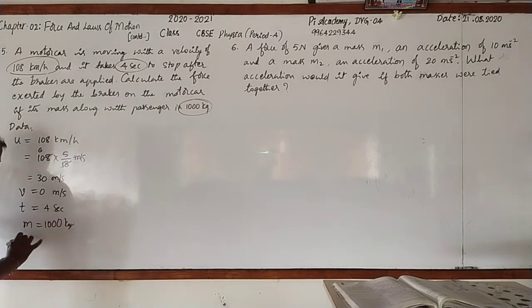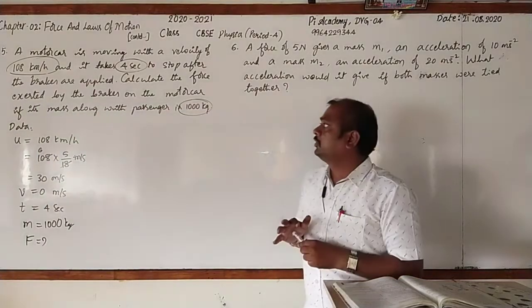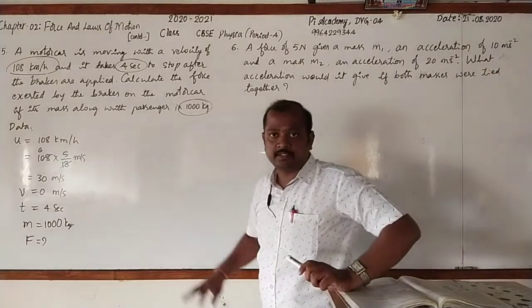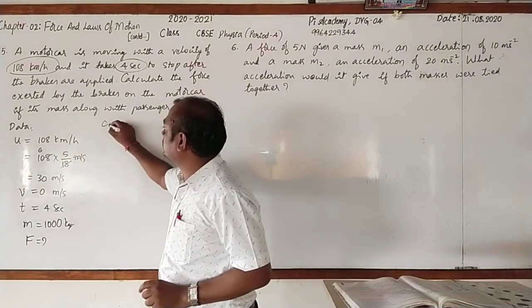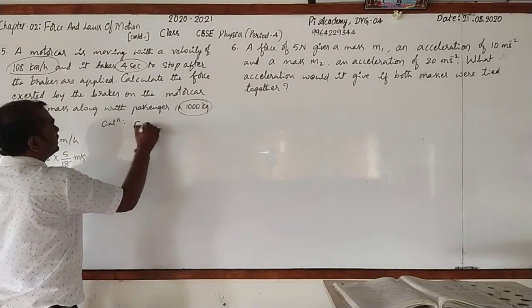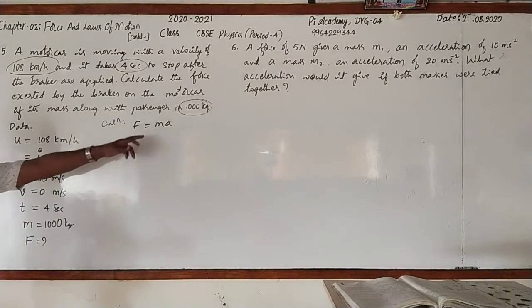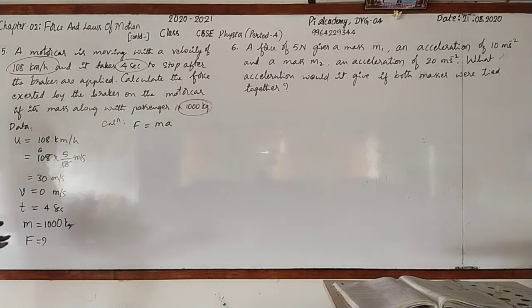You are going to find out the force exerted by the brakes, right? Now we shall find that. What is that formula? We know that F is equal to m into a, the force formula. We know the mass, but do you know the acceleration? Unknown.